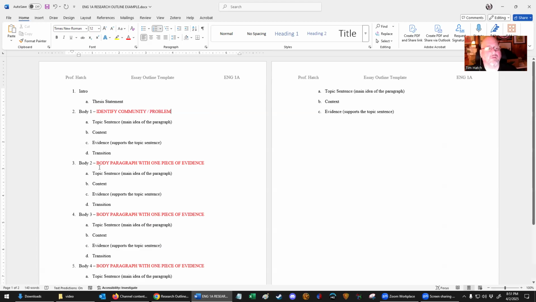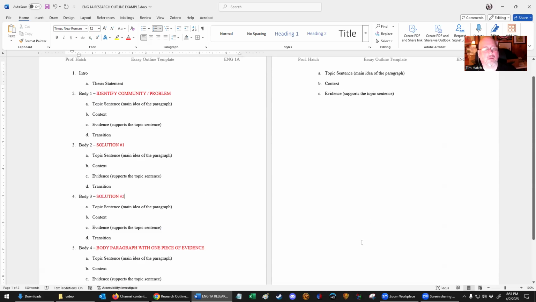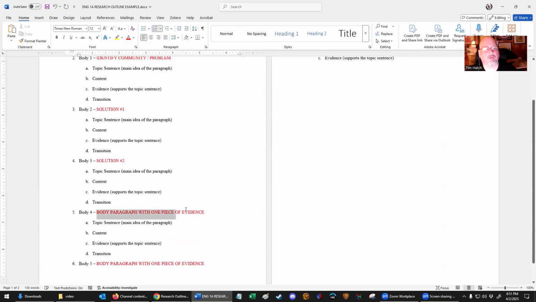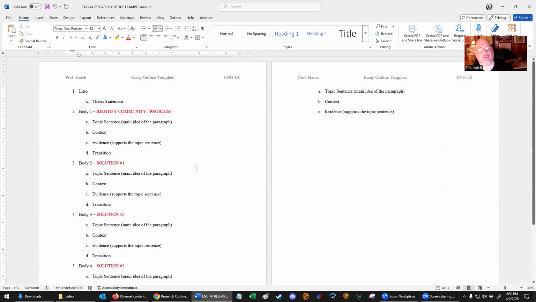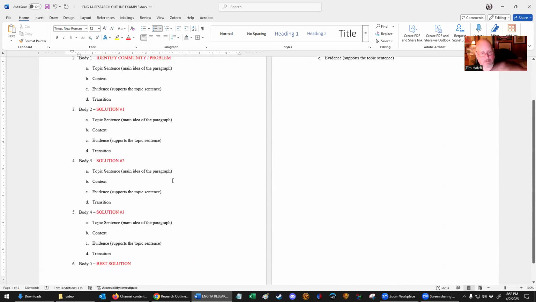And then for the rest of these, solution 1, solution 2, solution 3. All right, and then body 5, best solution. All right, so that's what we are going to be doing with each of these body paragraphs.